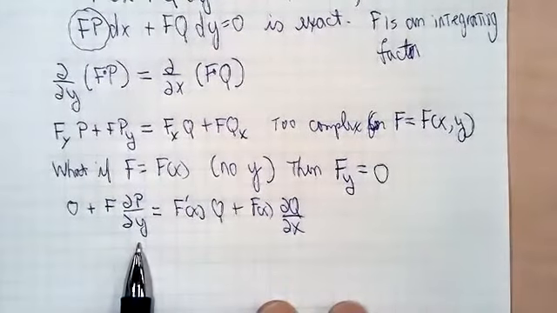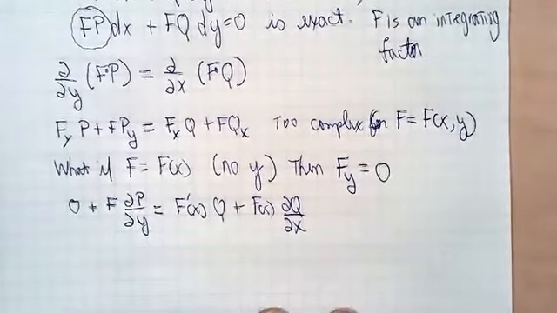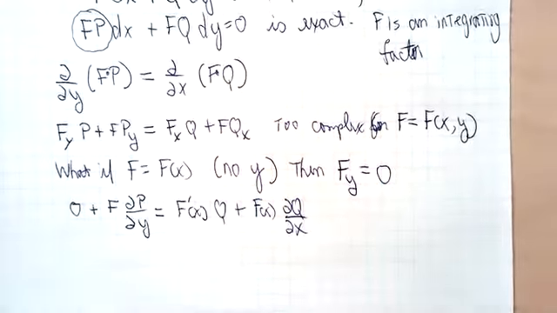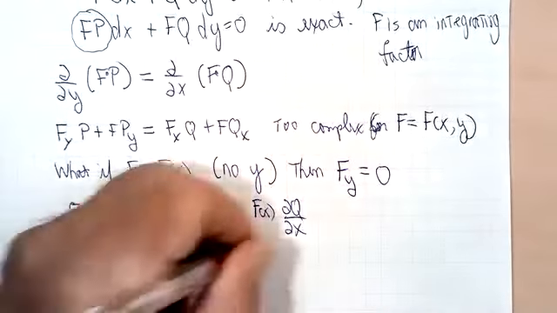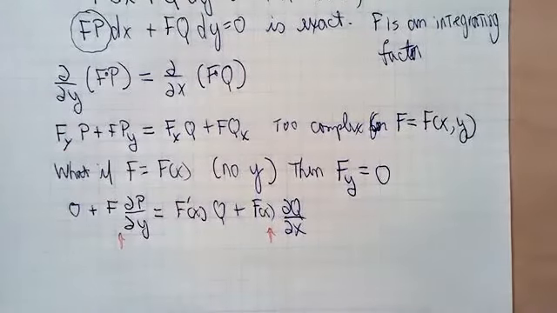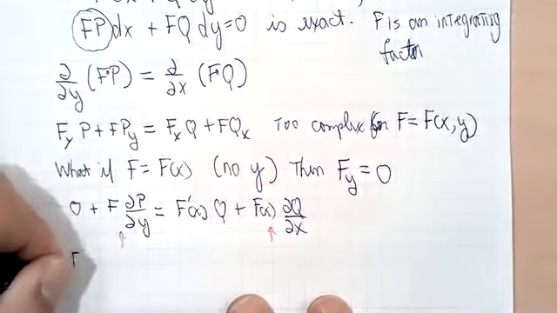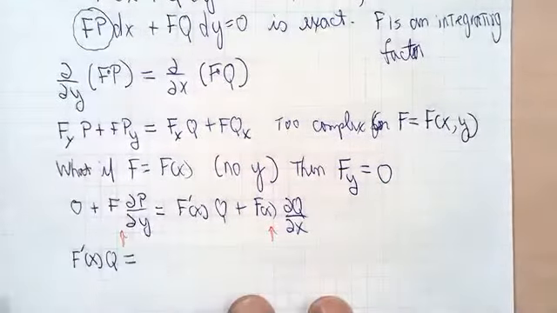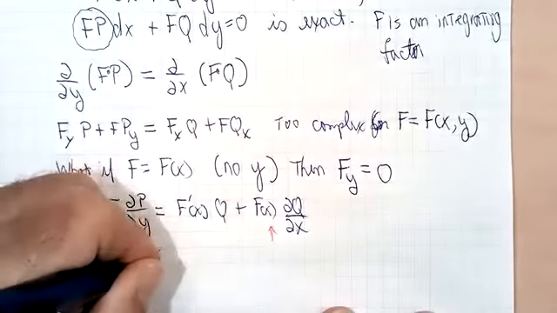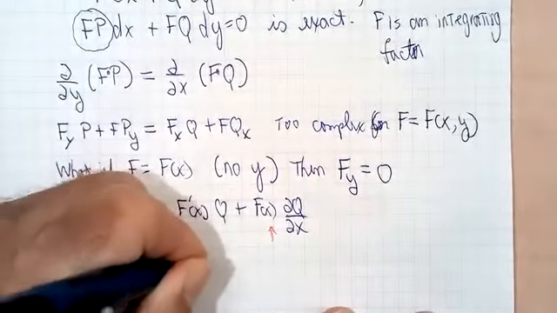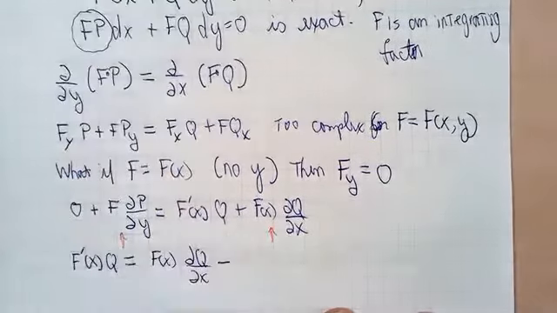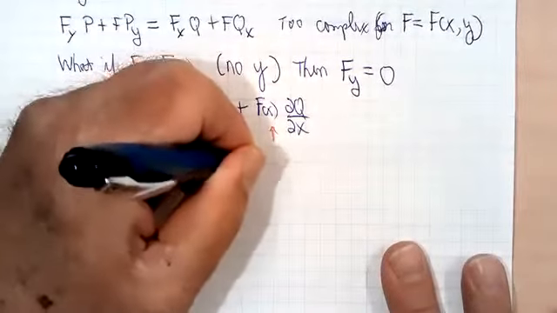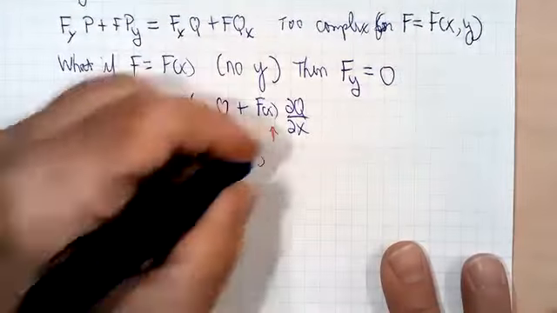So what I'm going to do now is try to solve this thing for f. I've got an f on this term and on this term, so I'm going to put those together. F prime of x times q of x and y equals f of x times partial q with respect to x minus, this term here goes to the other side of the equation, minus f of x times partial p with respect to y.